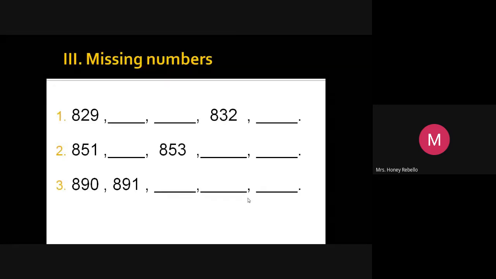When you leave a square there, you just put a comma in that square. 829, leave 1 square, dash, again leave 1 square, dash, leave 1 square, 832, leave the next square, then dash last.